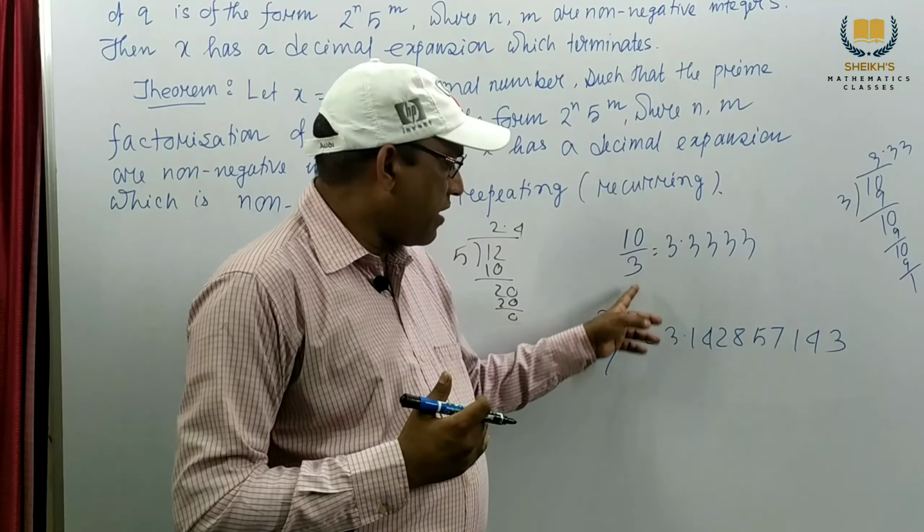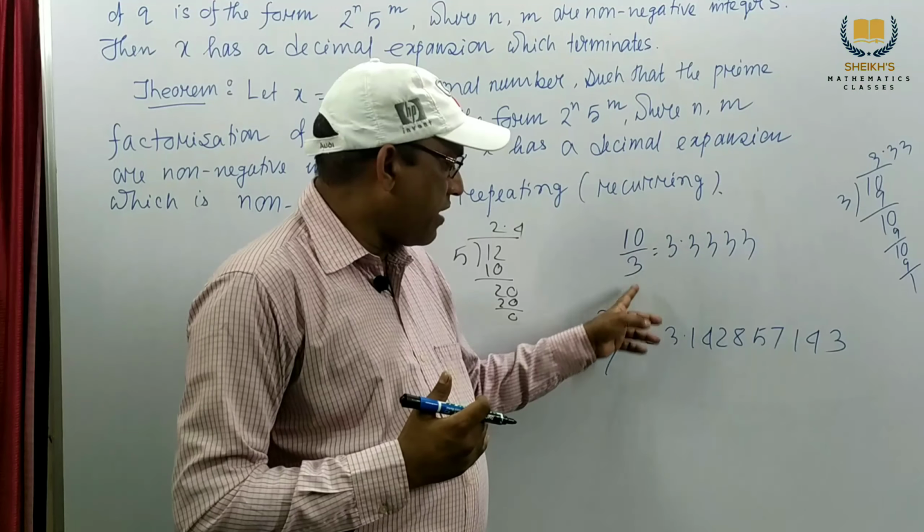So terminating means if the denominator is of the form 2 to the power n or 5 to the power m, then the decimal expansion is terminating, and if the denominator is not of that form, then this decimal number is non-terminating.